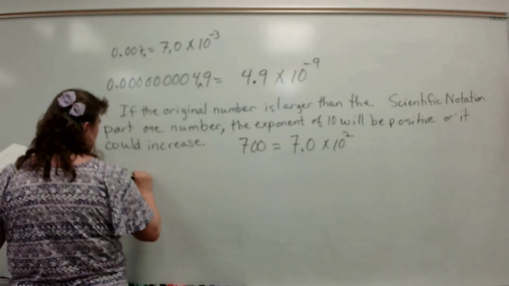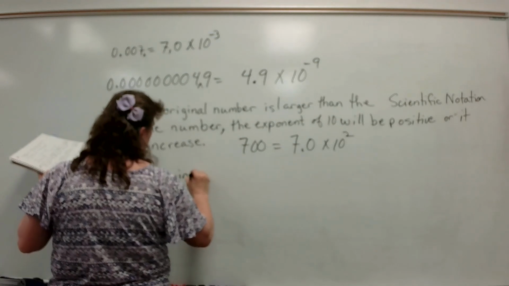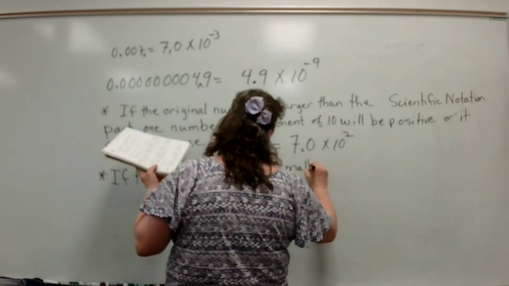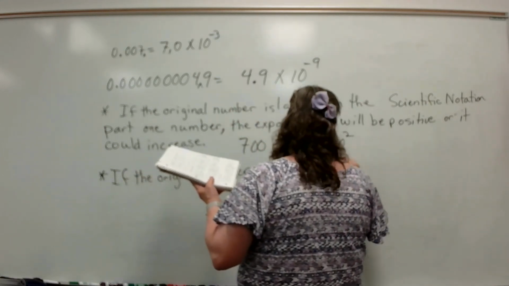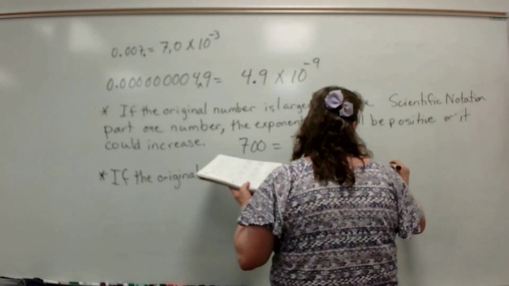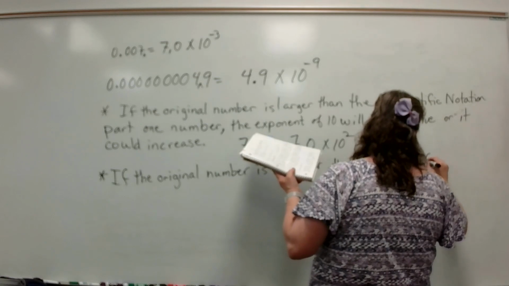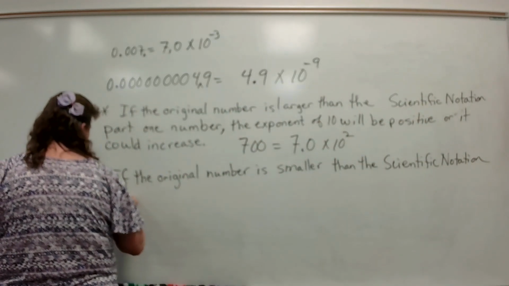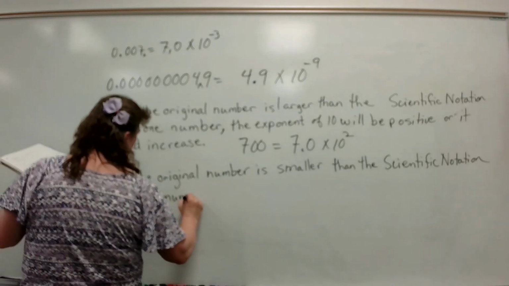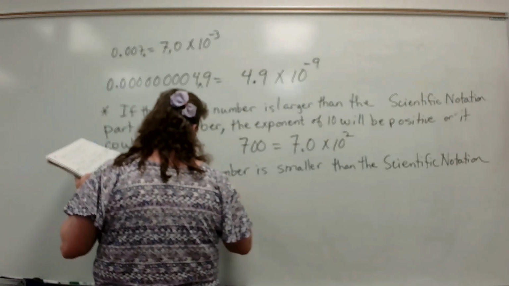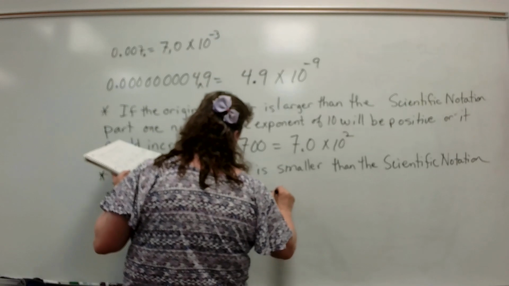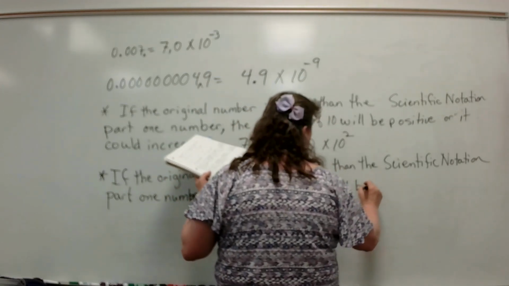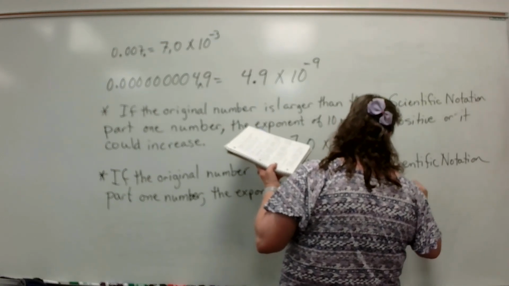Okay? The second part of this rule is this. If the original number is smaller than the scientific notation part 1 number, the exponent of 10 will be negative or it will decrease.